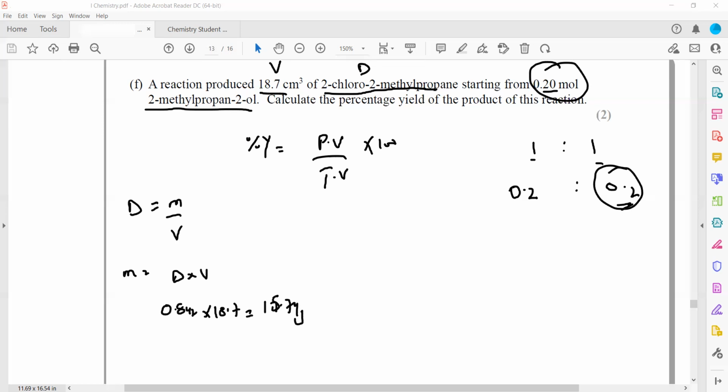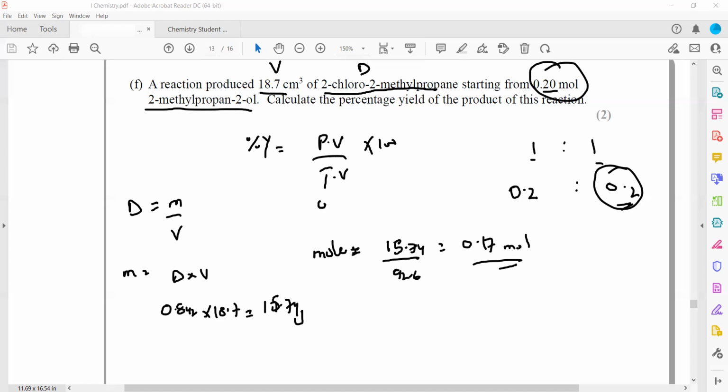Then we need the moles, so moles equals mass in gram, which is 15.74, divided by molar mass, which is also given in the question, 92.6. So this will give us 0.17. So practically we are getting 0.17 mole, theoretically we should get 0.2.